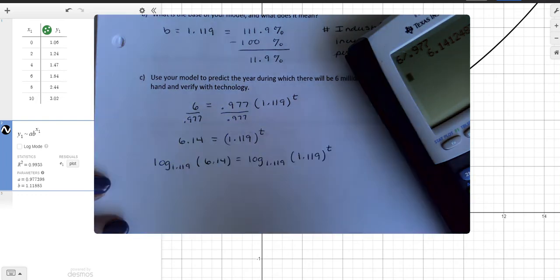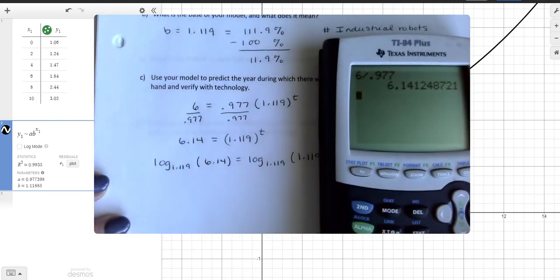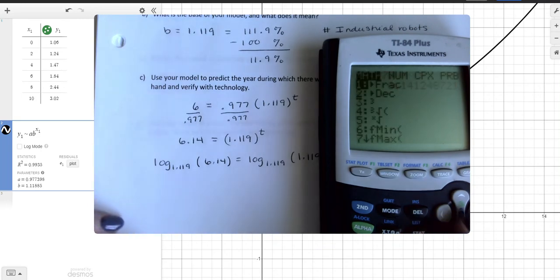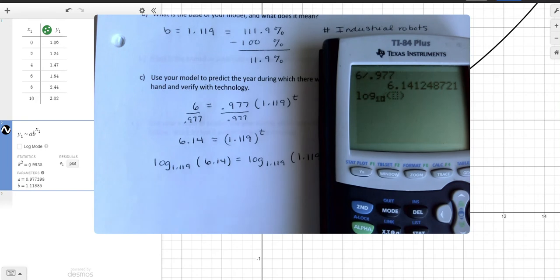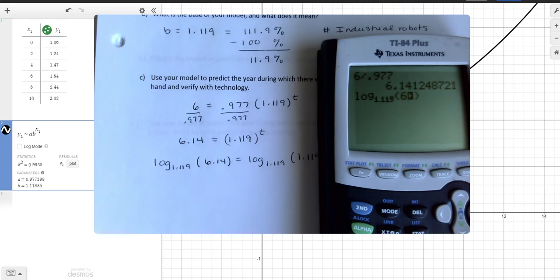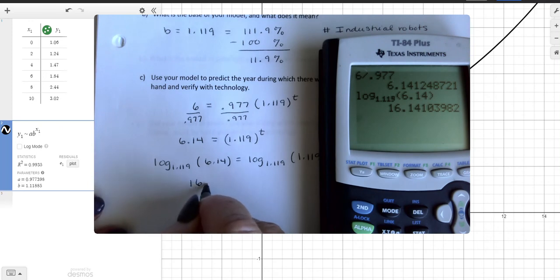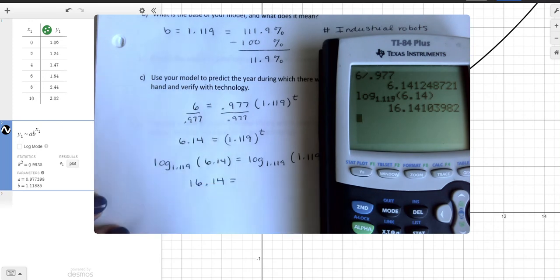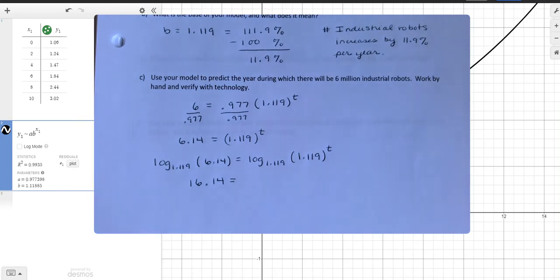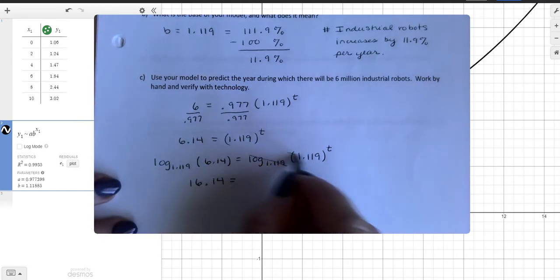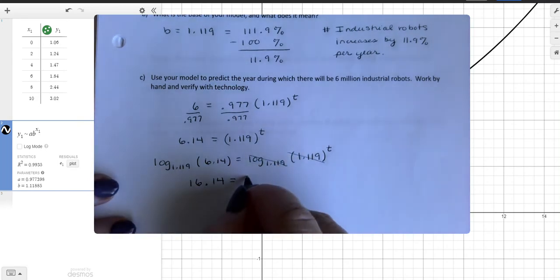All right, so I need to do that log, which I'm just going to do on my calculator here. It's about 16.14. And on the right-hand side, I've got those inverse functions going on, so I've just already solved for t.